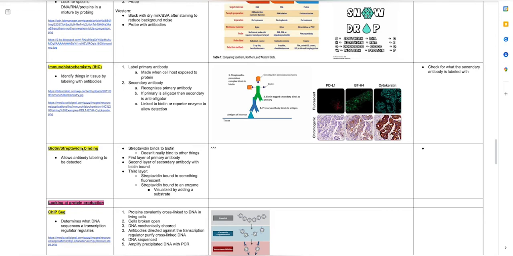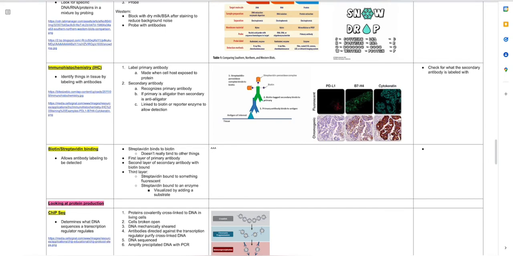Then you'll have a third layer that's streptavidin bound to something fluorescent, or streptavidin bound to an enzyme. This will bind to the biotins, and this allows you to visualize where the binding happens. If it was an enzyme, you can add a substrate, and the enzyme does something to the substrate that you can see. And that's it for immunohistochemistry and blots.